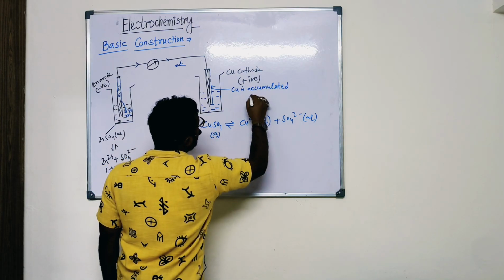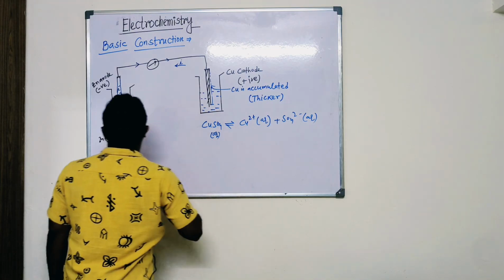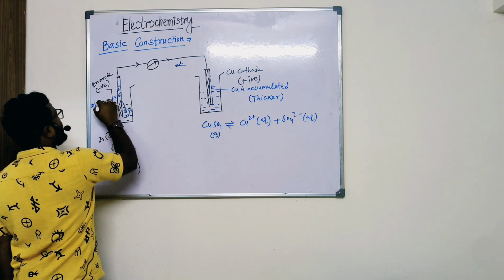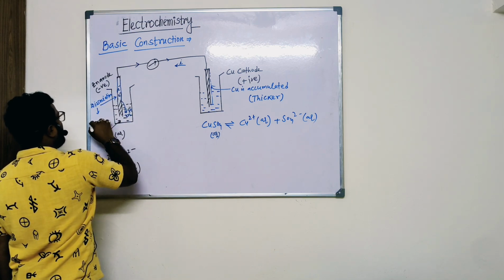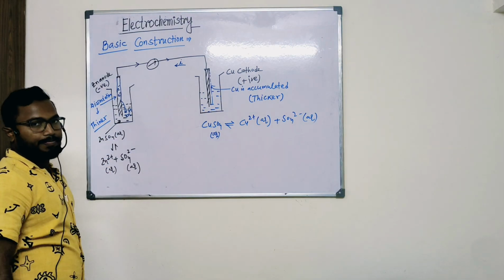As copper accumulates, it becomes thicker with respect to time, and here zinc is dissociated. Dissociation happens. As a result, it becomes thinner with respect to time.